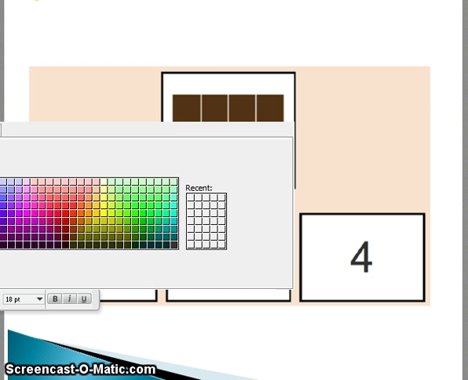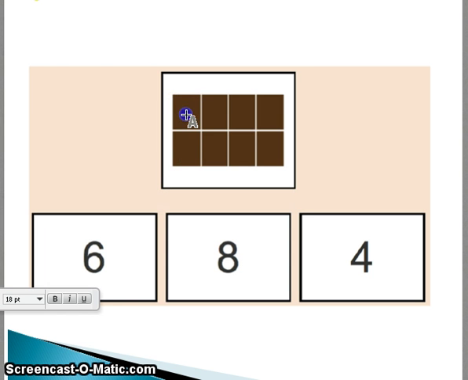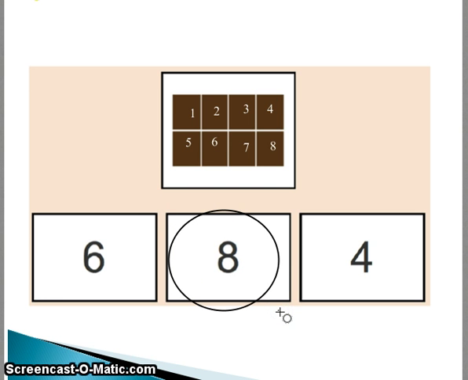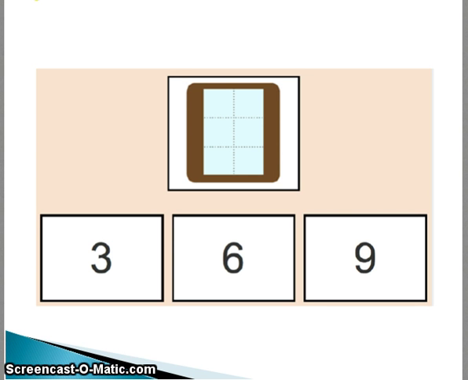All right, so we're going to have 1, 2, 3, 4, 5, 6, 7, 8. So how many parts are in the entire rectangle? There are 8 parts in that rectangle. What about this rectangle?